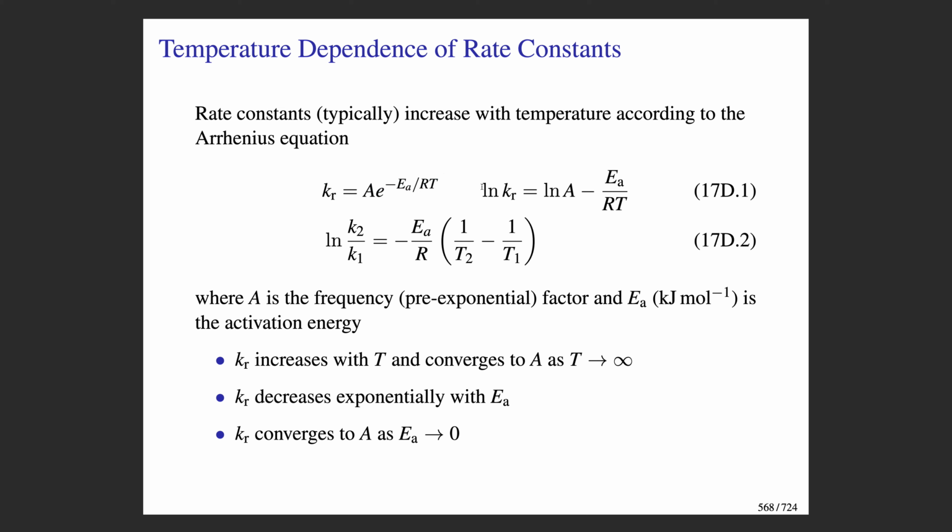There's also this linear form here. You'll notice that if you take the natural log of both sides and then use the rules of logarithms to expand the right-hand side, you can get a form that looks like this.